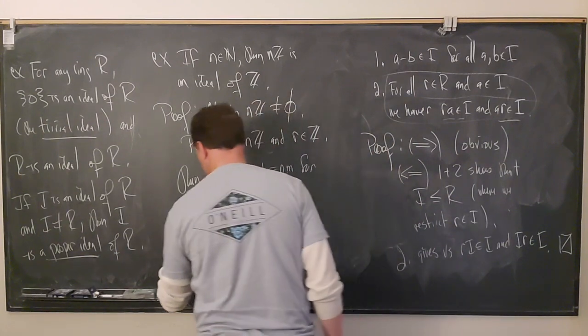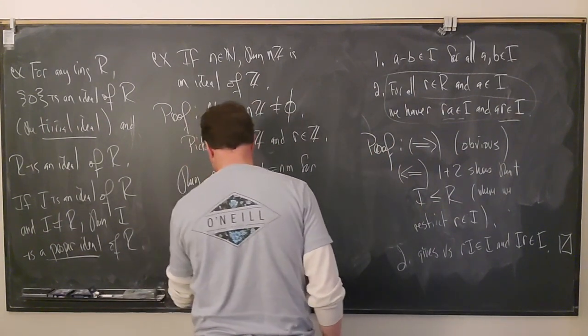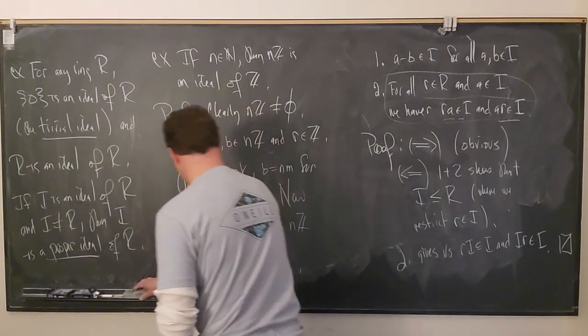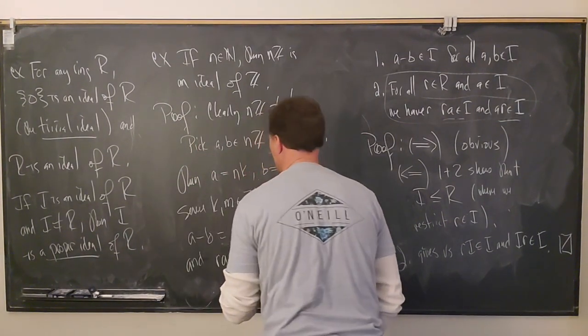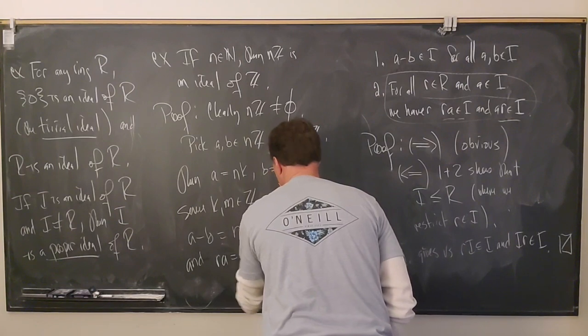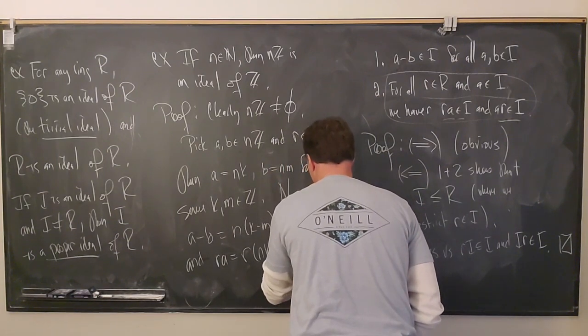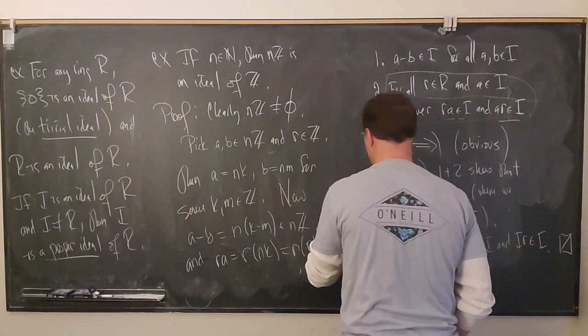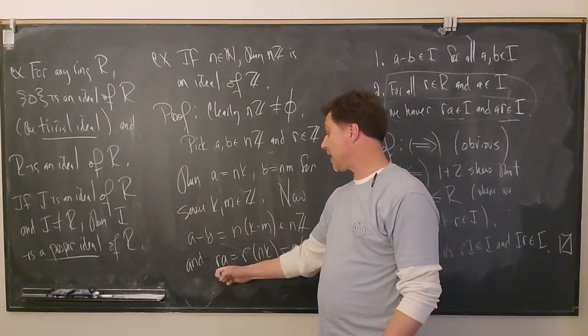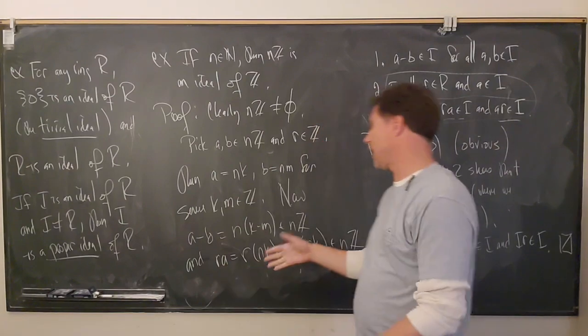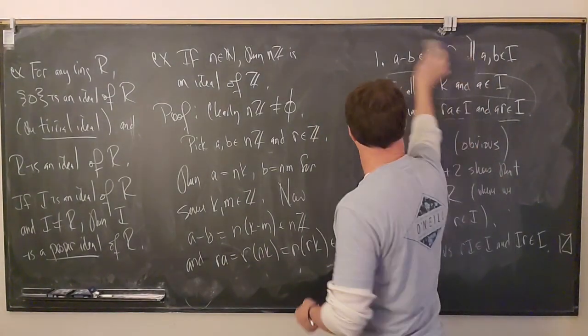And r times a is equal to r times nk, which is equal to n times rk, which is an element of nZ. Right, so we showed that it was closed under subtraction and multiplication from outside, or possibly outside, of nZ.